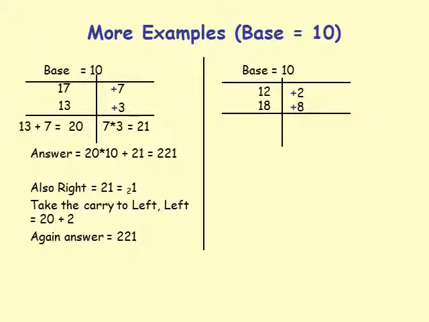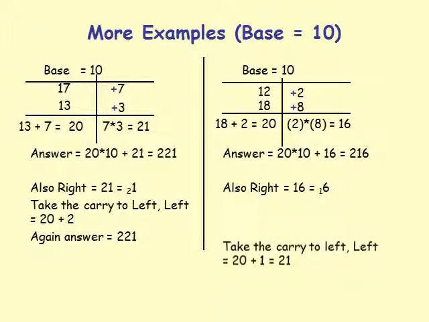Now we do the left, which is cross applying. 18 plus 2 is 20, and similarly 12 plus 8 is also 20. So we got 20 on the left. On the right, we vertically multiply plus 2 times plus 8, that's 16. Now the answer is again left times base, 20, plus 16, which is 216.